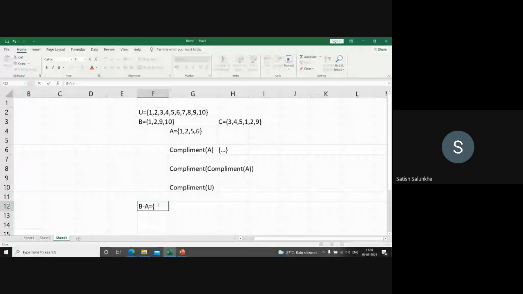Can you tell me what are the elements of B minus A? 9 and 10. Yes, we eliminate the elements of A from set B, so the remaining elements are 9, 10. Now let us take A minus B and tell me what the set difference is. 5, 6.